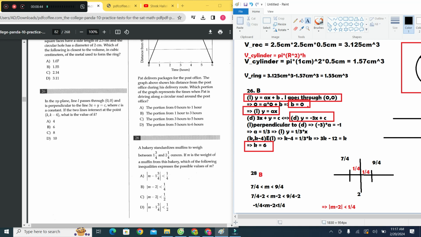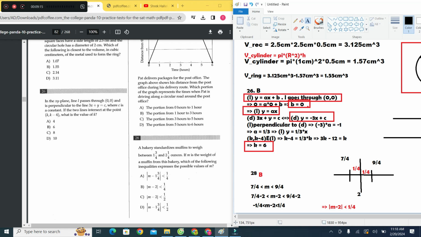First of all, we change these mixed numbers into improper fractions. 1 and 3/4 is translated to 7/4, and 2 plus 1/4 is translated to 9/4. So we know that M lies between 7/4 and 9/4.